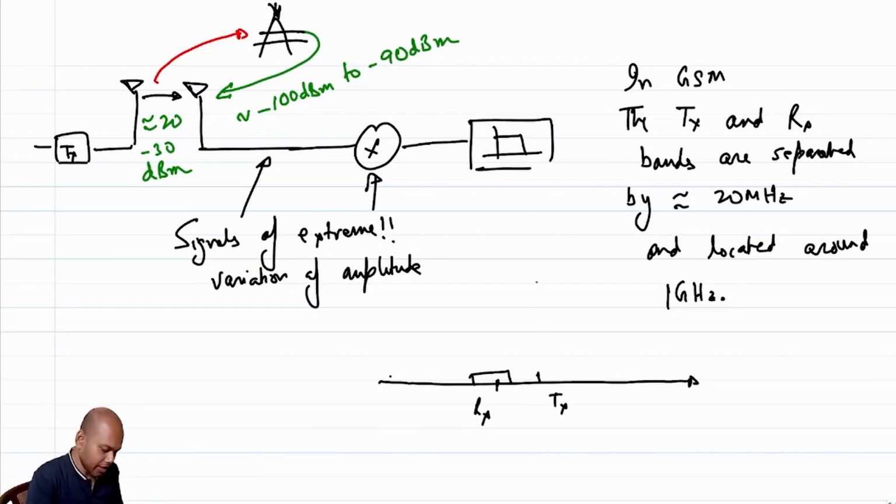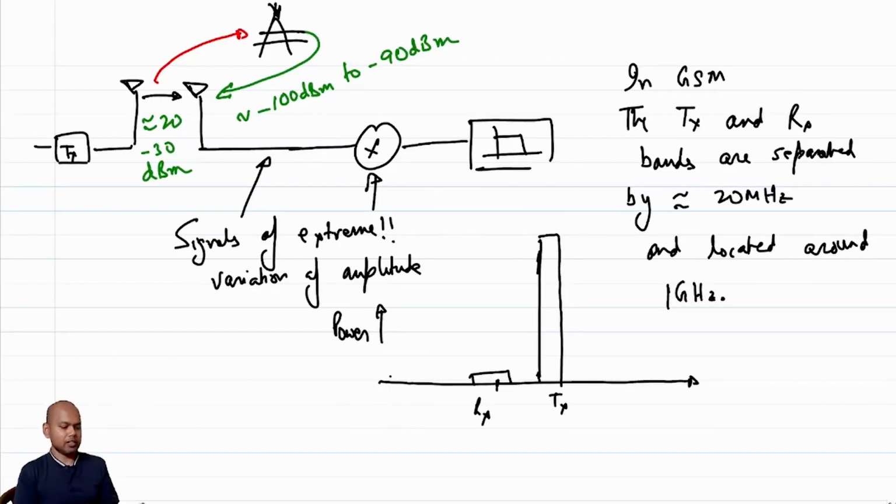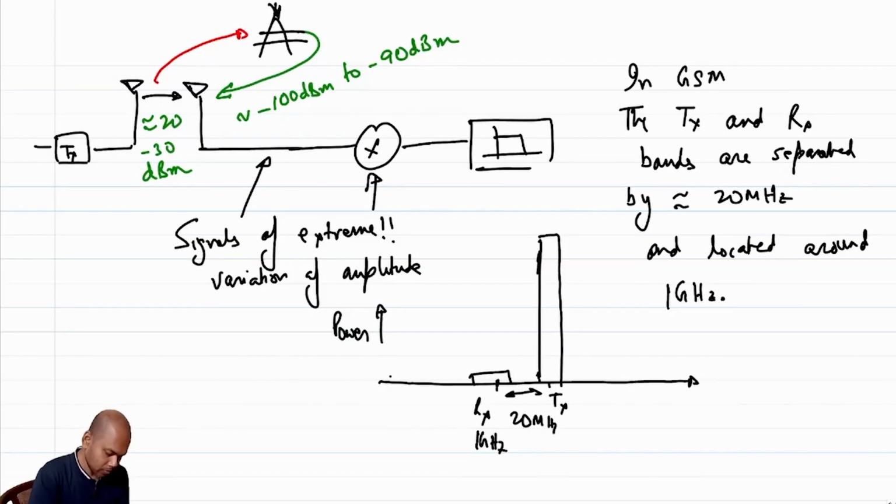So generally your TX will have extremely strong power, and your RX is going to have a very weak power, and this difference can be as high as 100 dBm. I'm just taking an example, it's 900 something, but let's keep it simple. So this is 1 gigahertz, and this spacing is 20 megahertz.